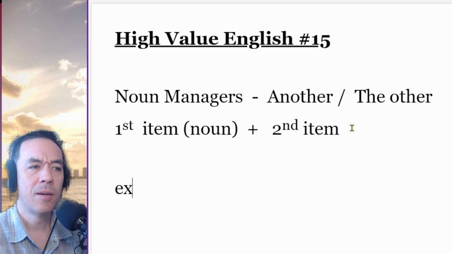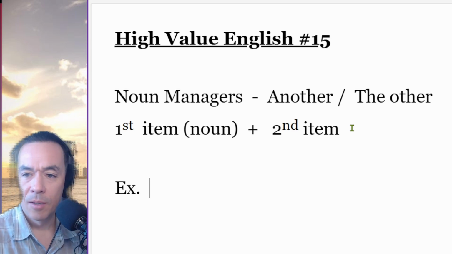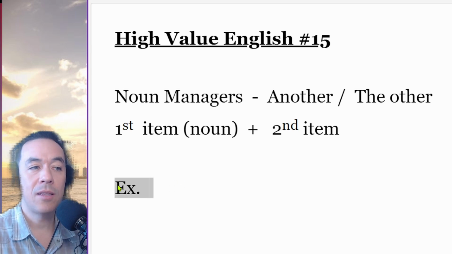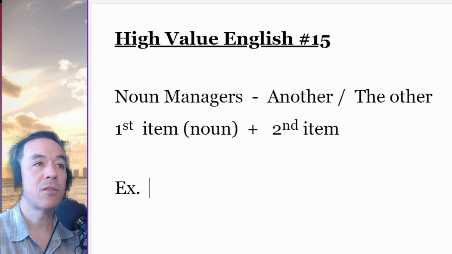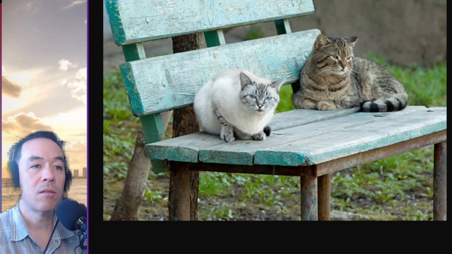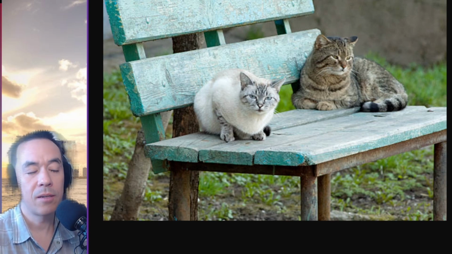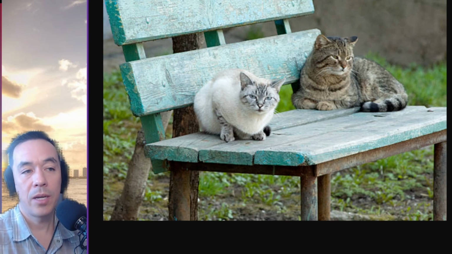Let me see if I can demonstrate that. So, hold on, slow down. Okay, let's say I've got this picture here. I'm showing this picture. It's on the internet. So you've got two cats, right?